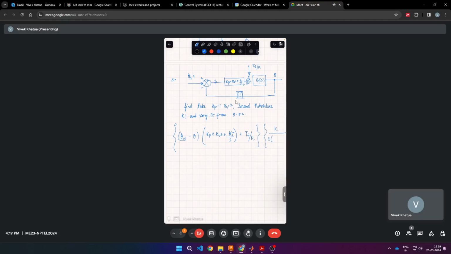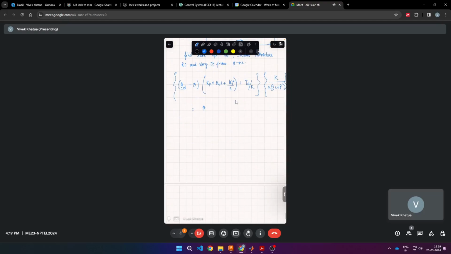K into s (Js plus f). What is this equal to? Theta, right? This is our expression. I'll just expand this. You get (theta d minus theta) times (Kp plus Kv s plus Ki by s) times K divided by s (Js plus f), plus Td divided by K cancels off, that's why Js plus f, is equal to theta.